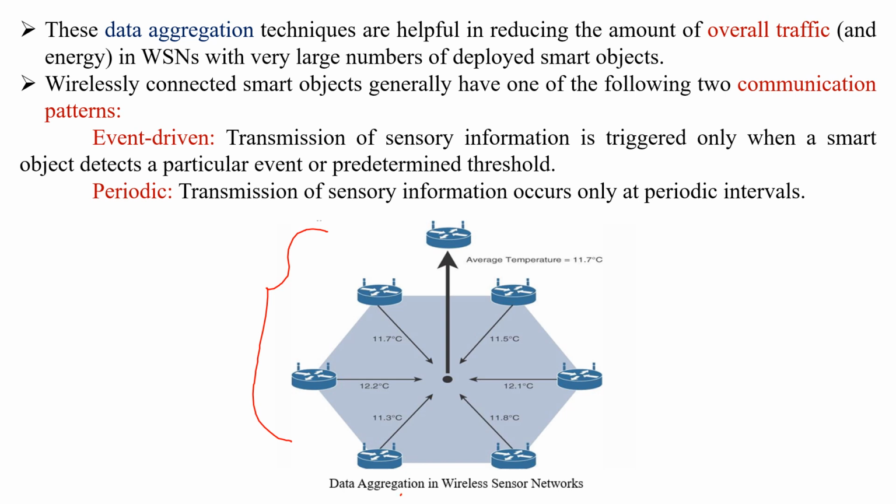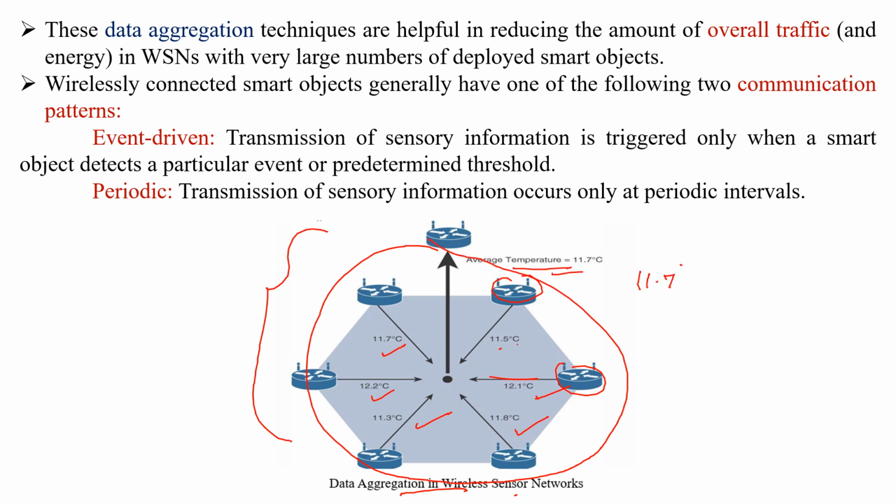We are taking temperature readings from many sensor nodes: 11.5, then 12.1 degrees centigrade, 11.8, 11.3, 12.2, and 11.7. Then we take an aggregation of all the values and get the average temperature, which is 11.7 degrees centigrade. This is one example of data aggregation.